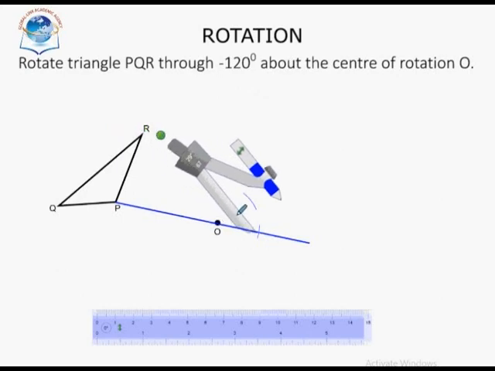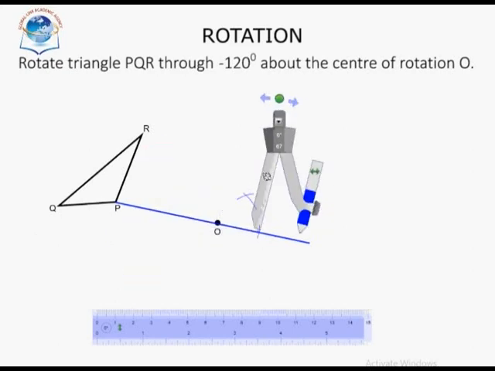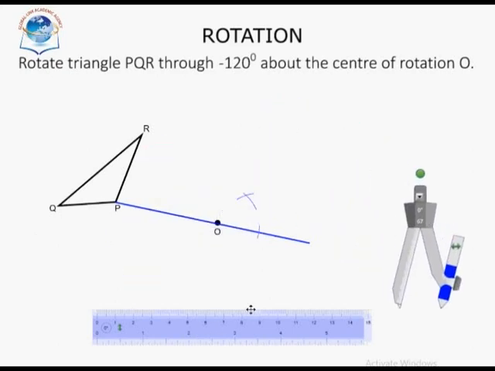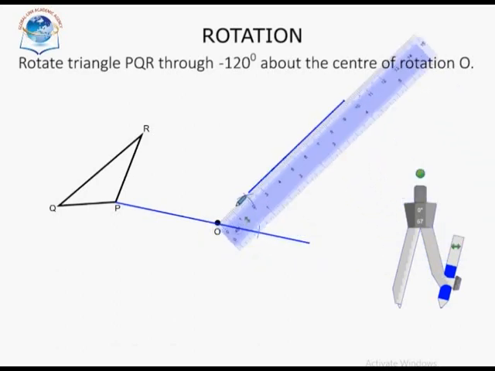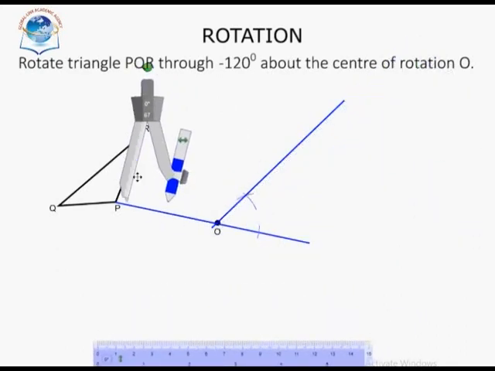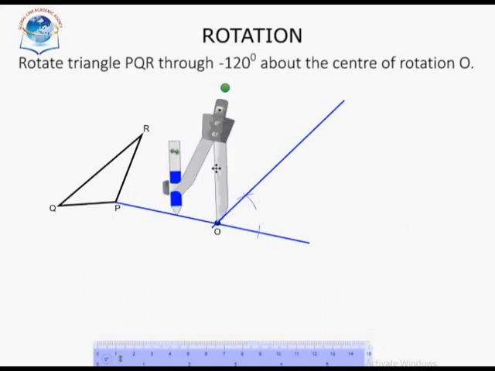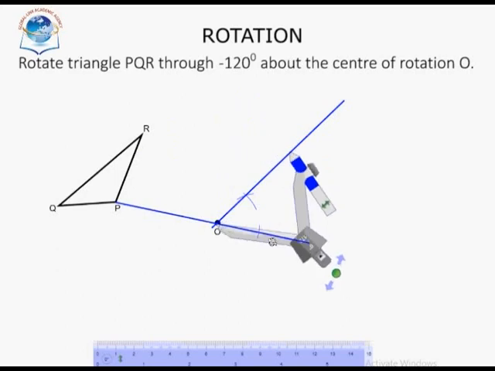Come to this point with the same distance and mark an arc to cut the one above. Now join O to the point of intersection of the two arcs. Now we need the same distance PO on the new line. So we measure that PO and mark that distance on the new line. That's P prime.